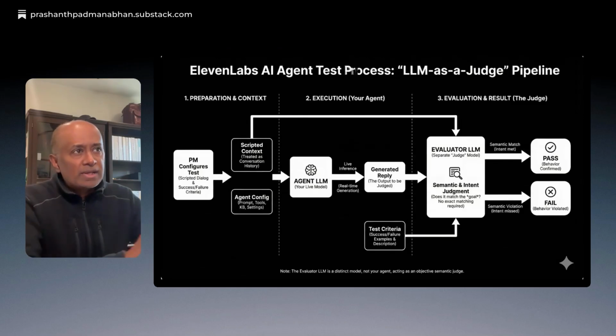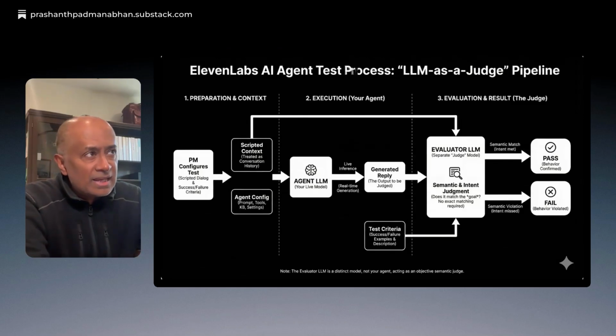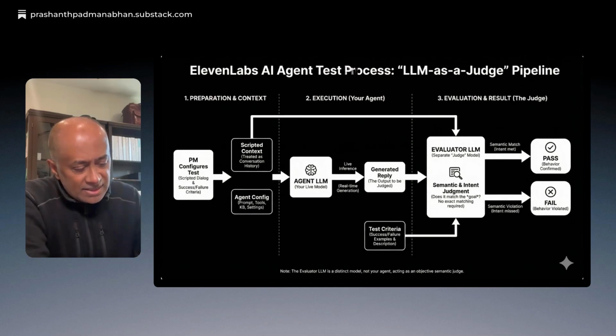What happened behind the scenes is the Eleven Labs AI agent called the AI agent that I built. It gave the AI agent the context and asked the AI agent for a response.